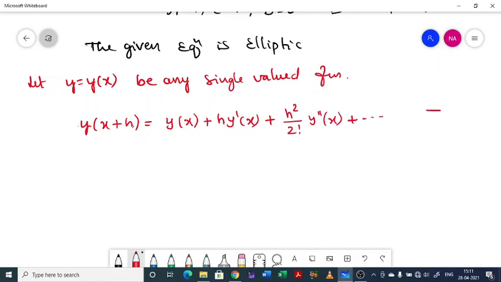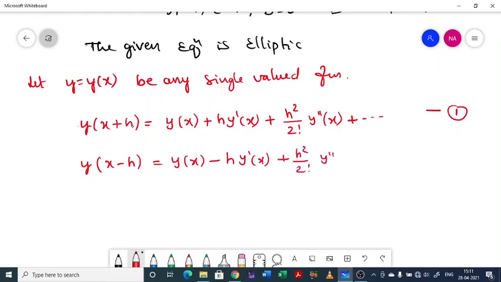Call this equation 1. If you change h to minus h here, y of x minus h will be y of x minus h into y dash of x plus h square by 2 factorial into y double dash of x plus and so on. You can call this equation 2.